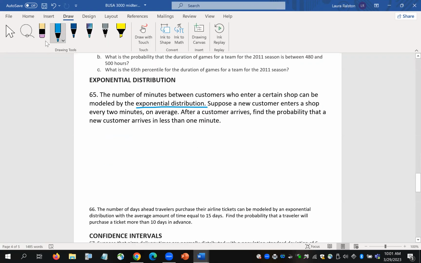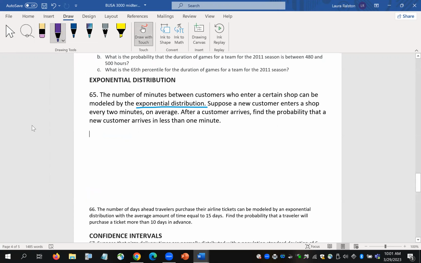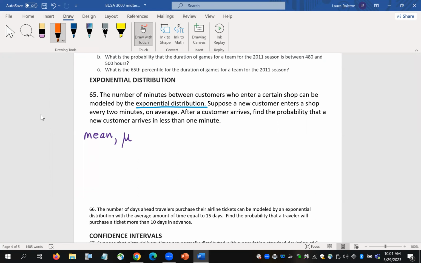Okay, so I need to think about the mean of the distribution. Well, it says in the story, a customer enters the shop every 2 minutes on average. So the mean is 2.